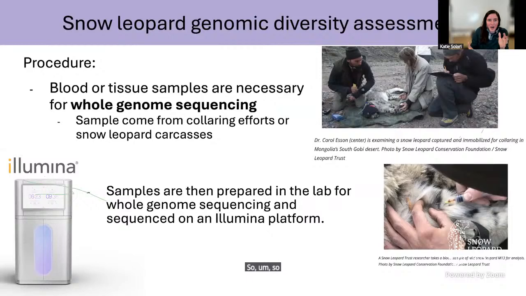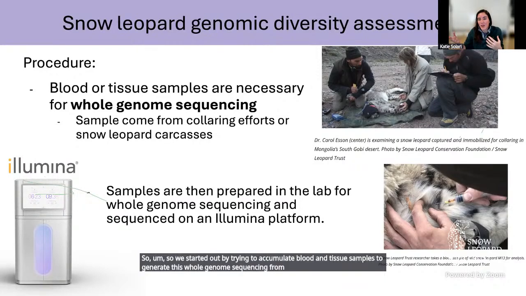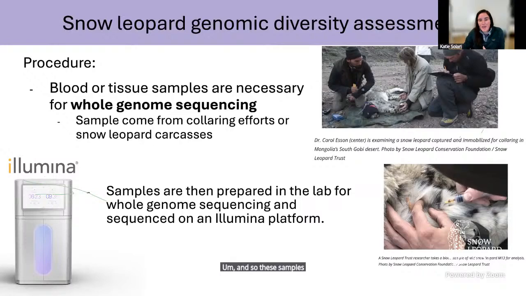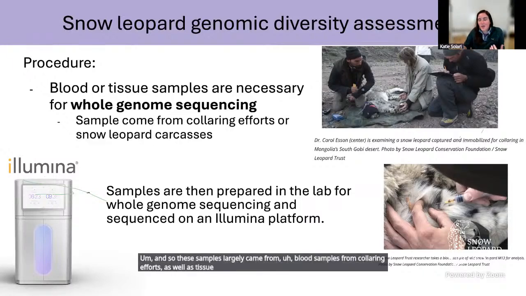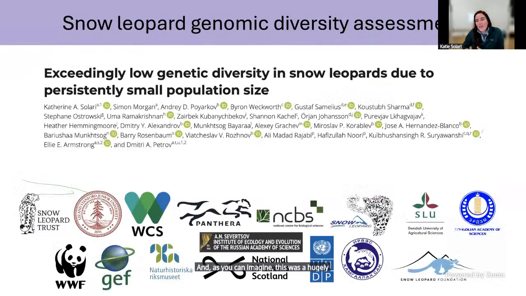So we started out by trying to accumulate blood and tissue samples to generate this whole genome sequencing from across the range and fill in these gaps. And so these samples largely came from blood samples from collaring efforts, as well as tissue samples from carcasses that different field biologists encountered. And as you can imagine, this was a hugely collaborative effort with all of the groups shown here involved.